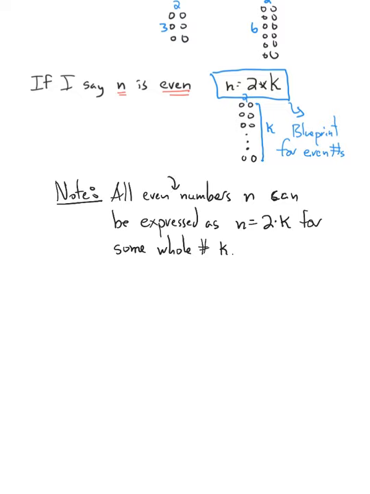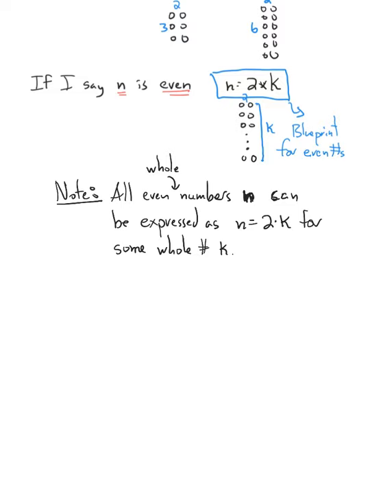And I better tell you that we're still dealing with just whole numbers here. So even whole numbers n. Whatever you like, you can express an even number as 2 times some other number.